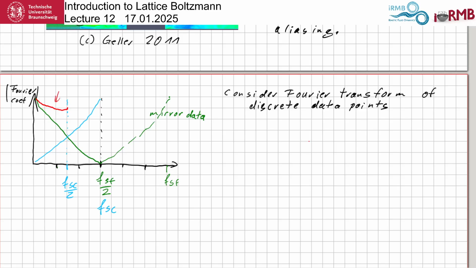So this is now the apparent signal. And this is what we mean by aliasing.